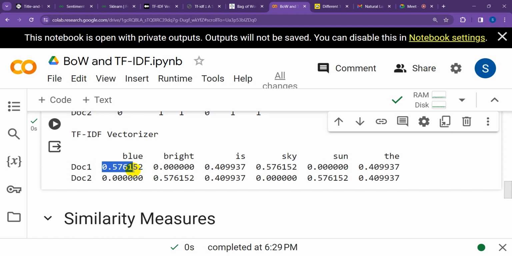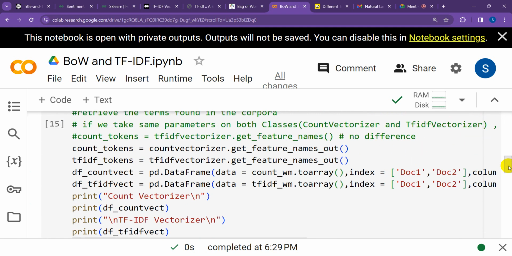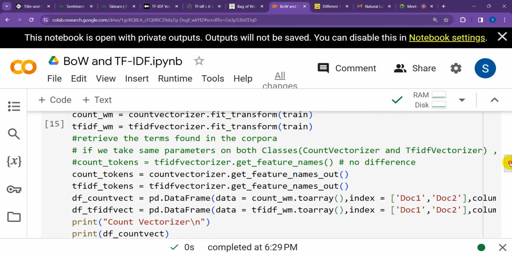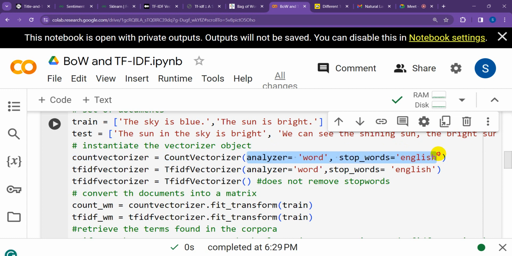This can be done in the bag of words also, meaning we can remove the stop words in the bag of words also. Yes, you see here, when I have given it like this, maybe I'll explain it again. Here when I have passed it like this, I have passed that analyze all the stop words and then you remove them. So we are doing the count in the count vectorizer, right?